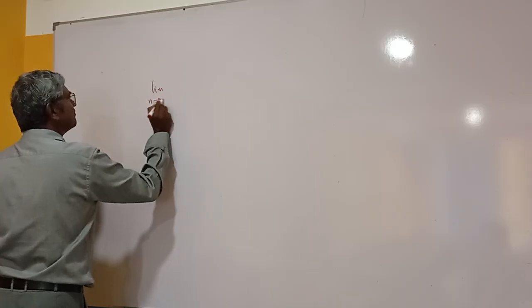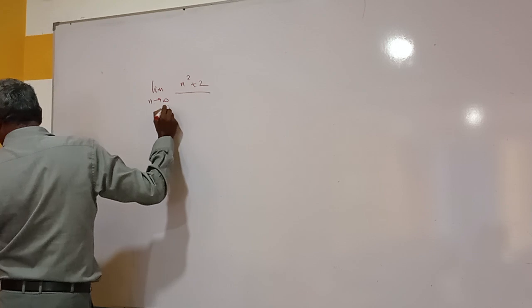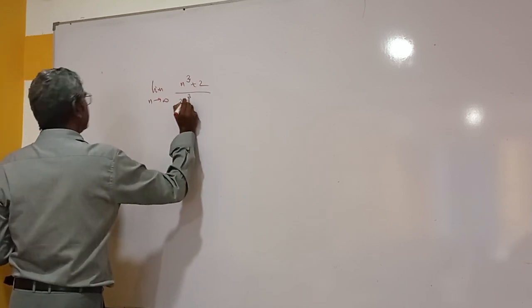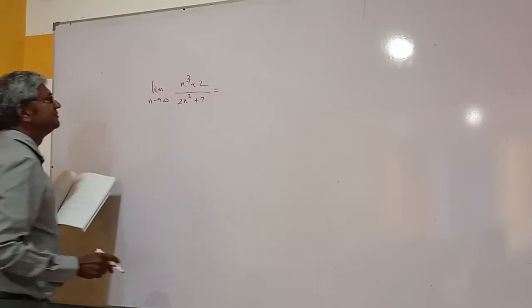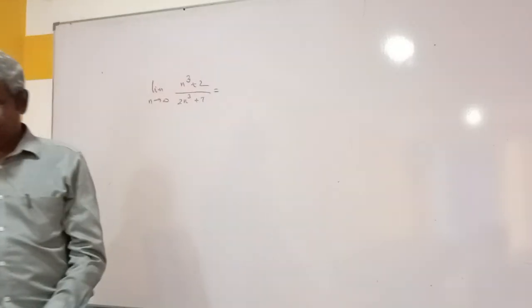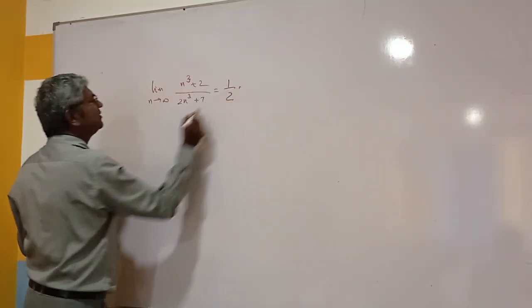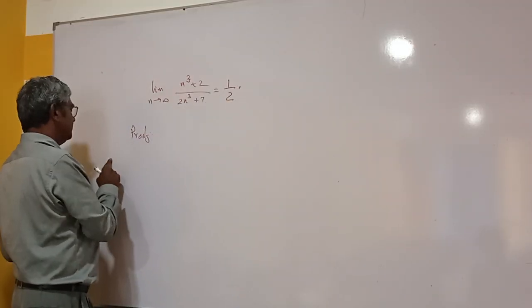Limit n tends to infinity of (n cube plus 2) divided by (2n cube plus 7) is equal to how much? What is this limit? 1 half. Very good.